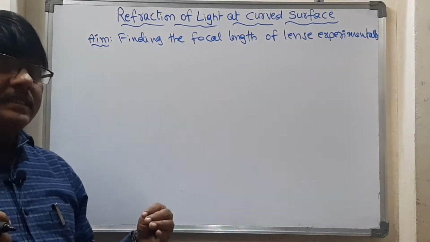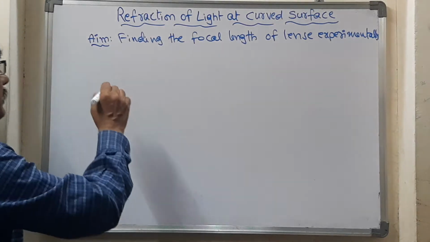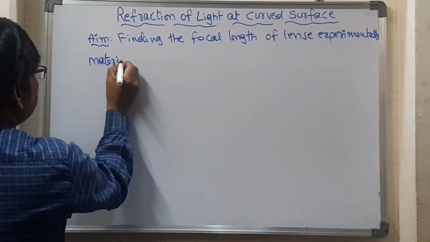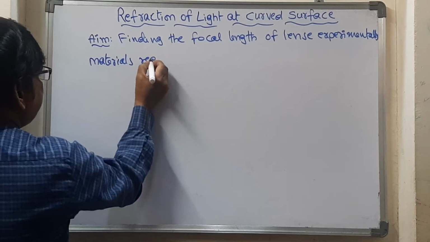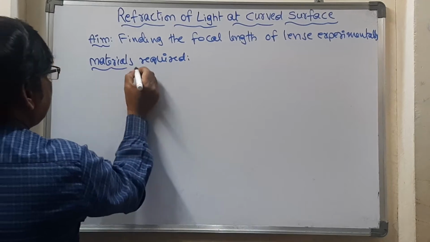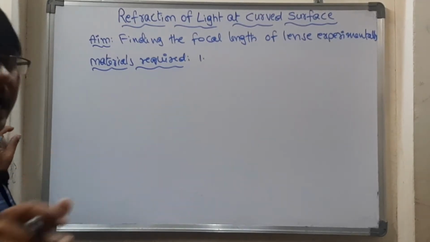So in that series, what we have to write first is materials required. Step by step we will take what materials are required. First of all, this entire experiment should be carried out on a table.